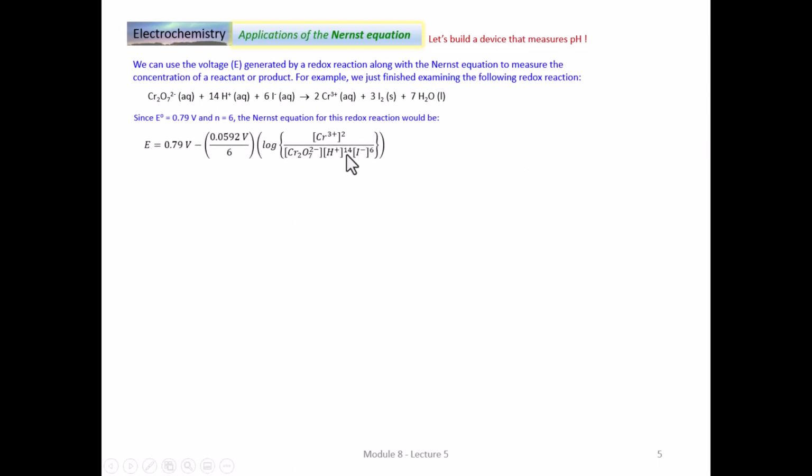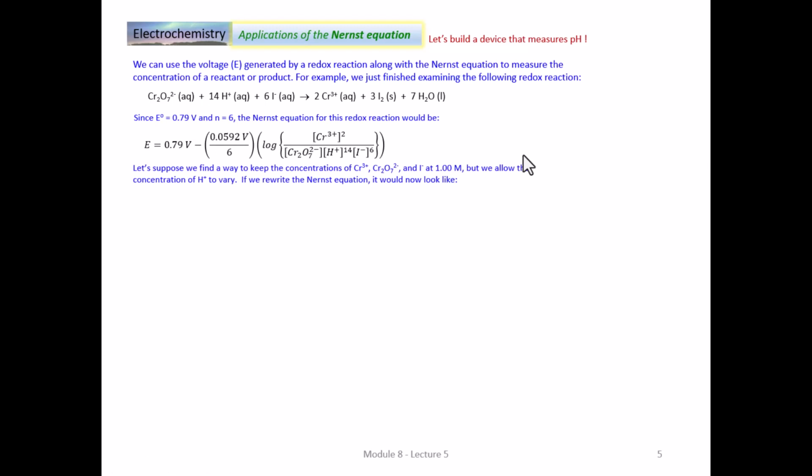Now, since the standard potential, as we found out, for this reaction is 0.79 volts, and the number of electrons transferred in the reaction, written n, is 6, the Nernst equation for this redox reaction could be written like this.